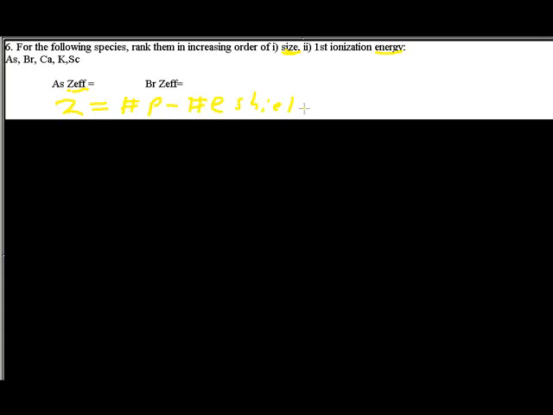That's going to give us the amount of pull that exists on the outermost electrons. So I'm going to solve the first two for you.